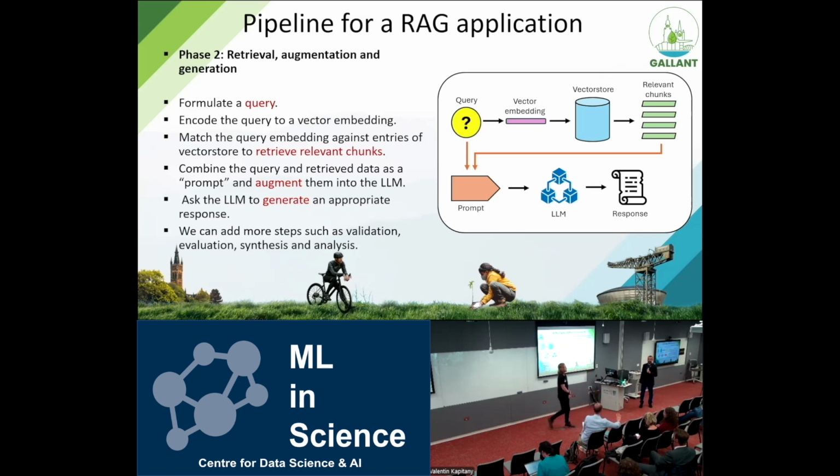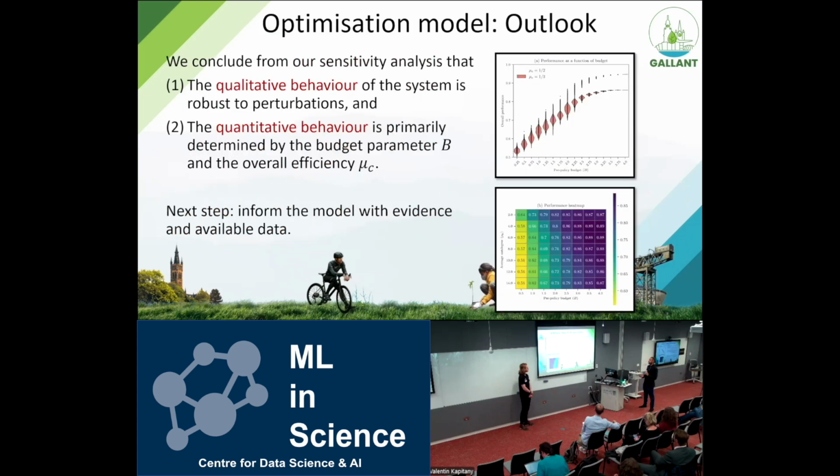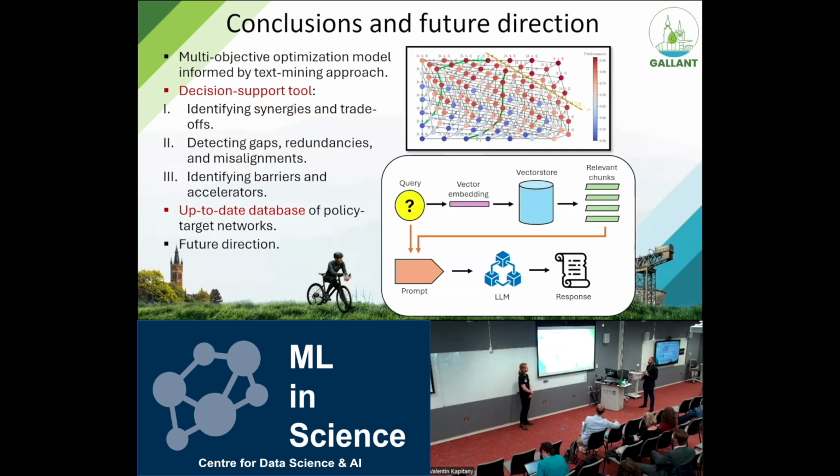Thank you. Most interesting. So the discovery of the network topology seems to be one of the things you're trying to discover. This is the last slide. Oh, you just did a summary at the end. Yeah, so up-to-date database of policy target network. So that's basically identifying what you believe the network to be, the topology of it. But my question relates to the strengths, because it wasn't just simply a network topology, but you had some sort of correlation element.